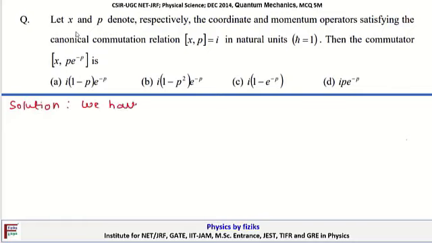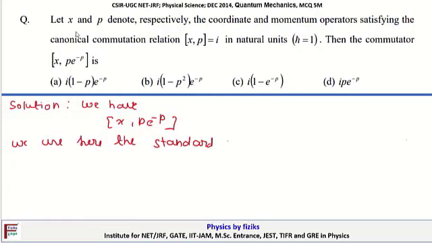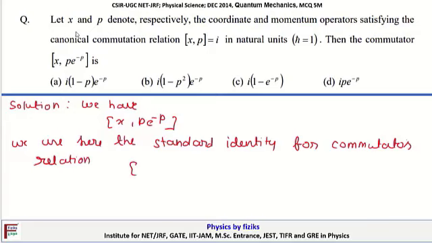We have [x, p e to the power minus p]. We use here the standard identity for the commutator relation [x, g(p)] equals i h cross dg(p) by dp.